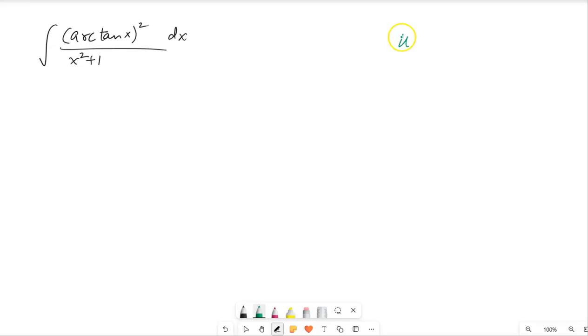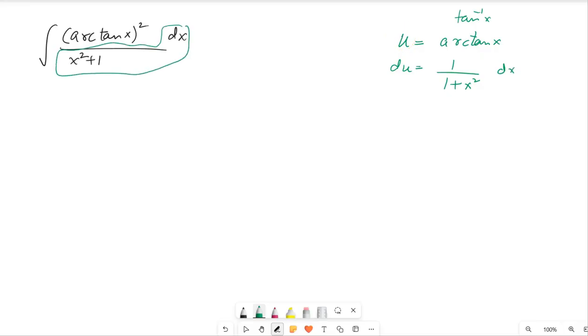So that gives me a clue to substitute u is equal to arctan x. That is tangent inverse of x. When I differentiate that, it's 1 over 1 plus x squared dx, and that part is already sitting in the question. So we can replace this green part by du, and arctan squared by u squared.